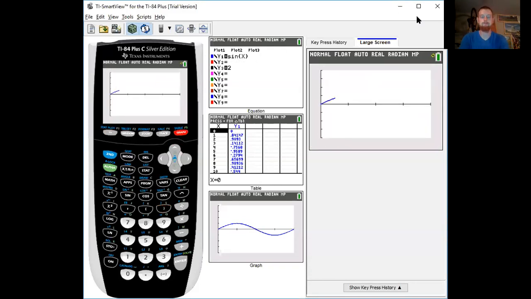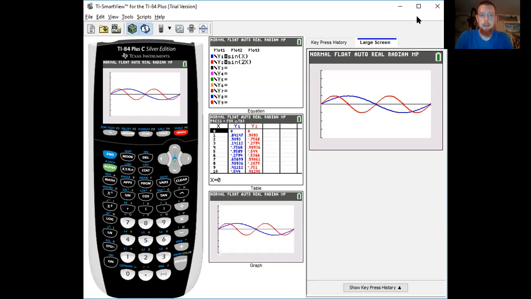Let's see what happens. Interesting. So it's got the same line of symmetry, right? The same maximum value, same minimum value. It's just getting there faster, right?